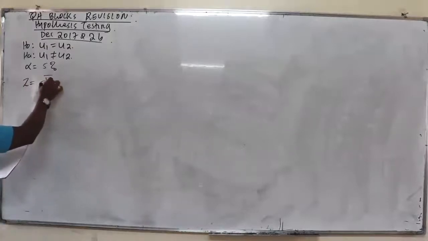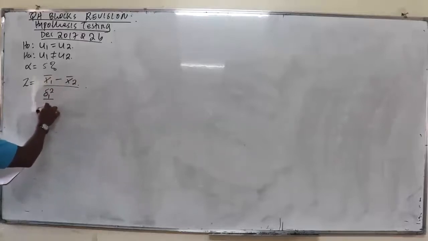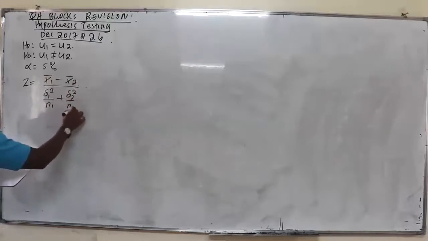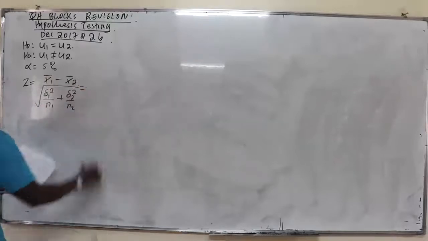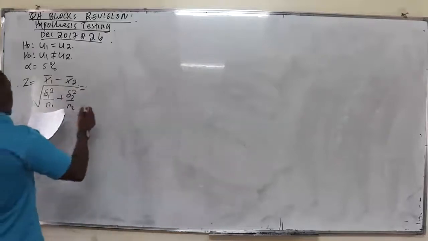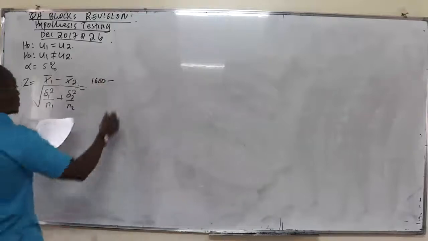In case we have a two sample mean, you take X bar 1 minus X bar 2, you divide by the square root of standard deviation of 1 squared over N of 1, plus standard deviation of 2 squared over N of 2. So the mean of the first sample for component X was 1600, minus the mean of 2, which is 1528.